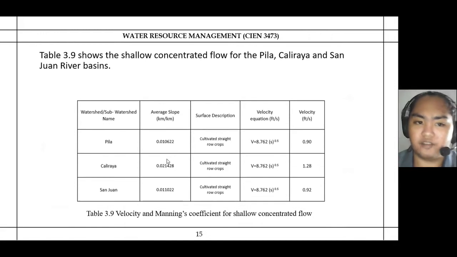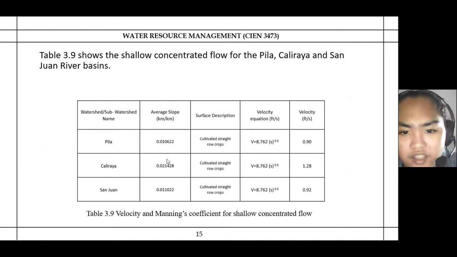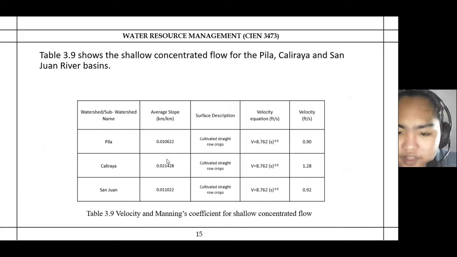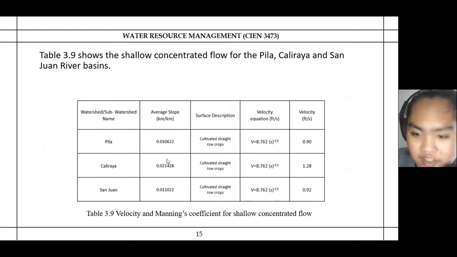Table 3.9 shows the shallow concentrated flow for Pila, San Juan, and Caliraya. Using equation 8.7, velocity is equal to 8.762 times average slope raised to 0.5. The velocity of Pila is 0.9, Caliraya has 1.28, and San Juan has 0.92.